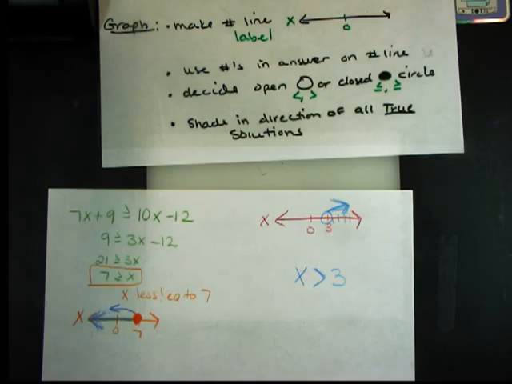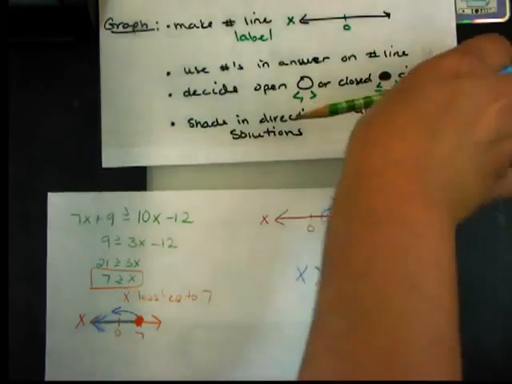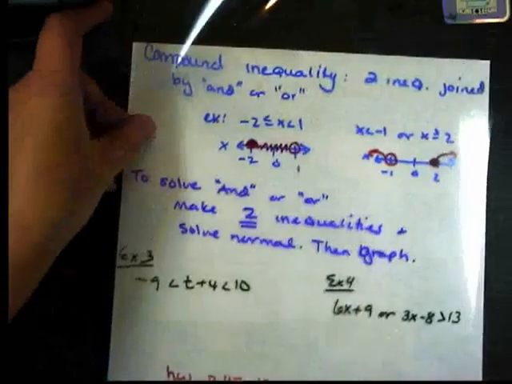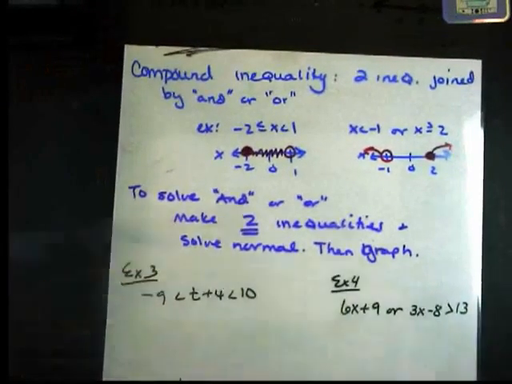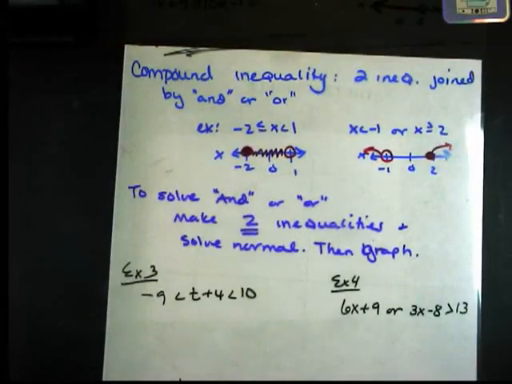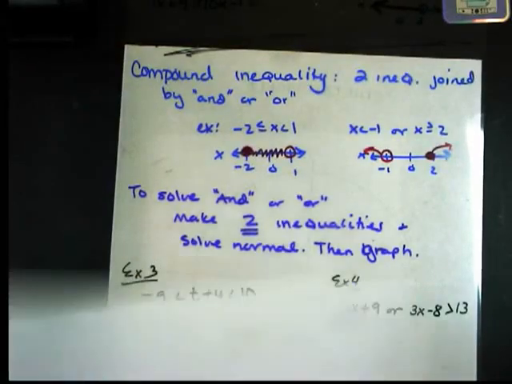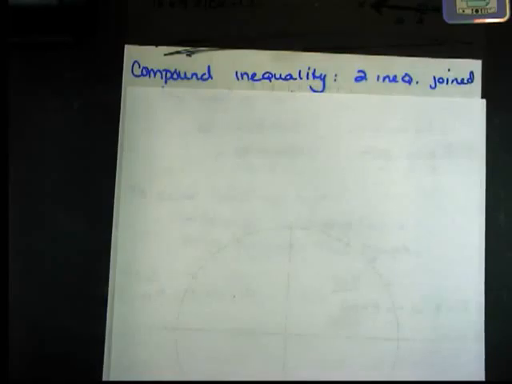Now we're going to have what's called compound inequalities. A compound inequality means it has two inequalities that are joined. They're joined together by symbols and also the word and or.